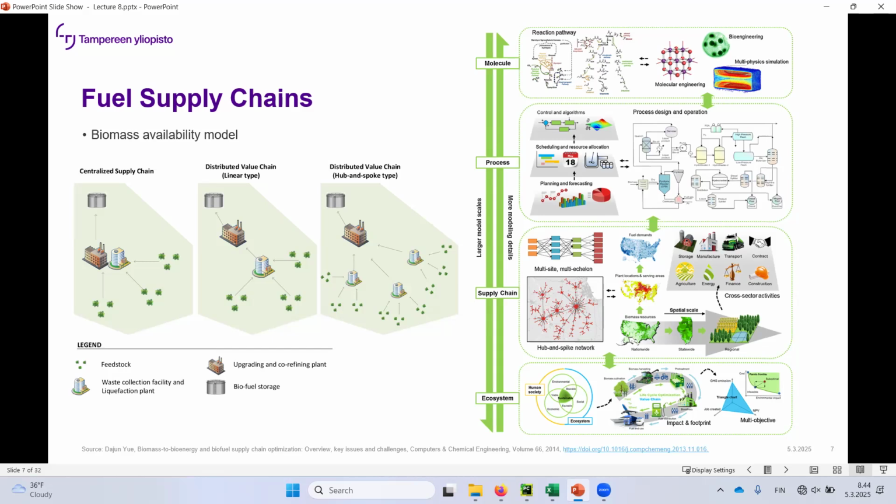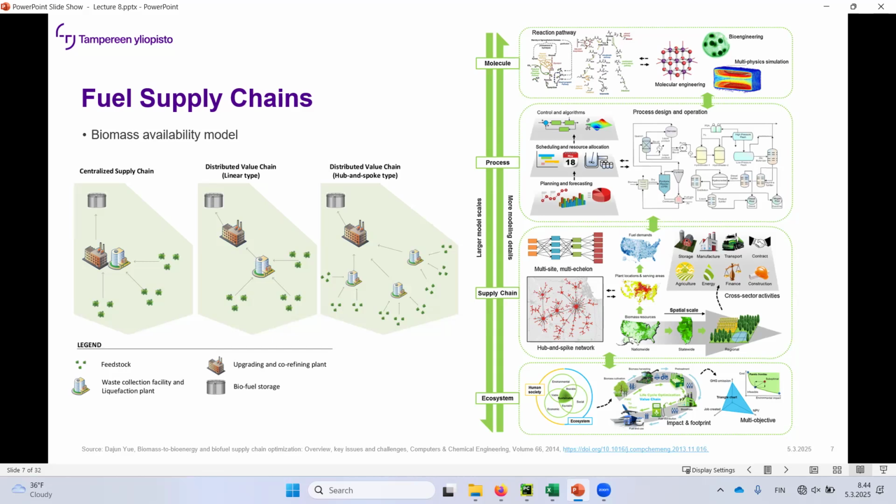But for example, this kind of a supply chain, you can have, for example, in these smaller kind of there's this hub and they call it in here hub and spoke network.